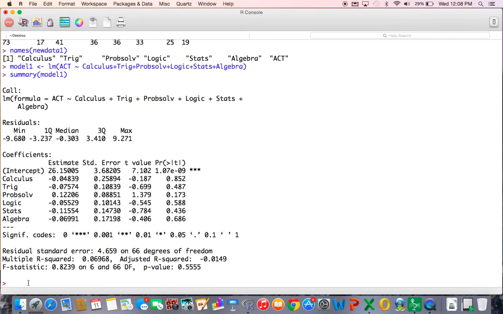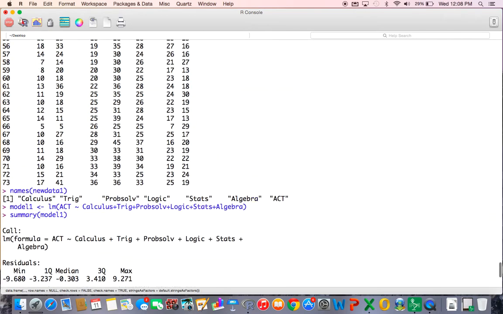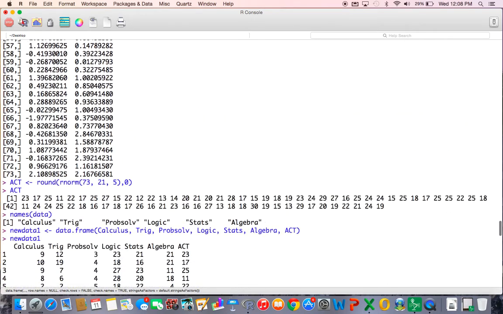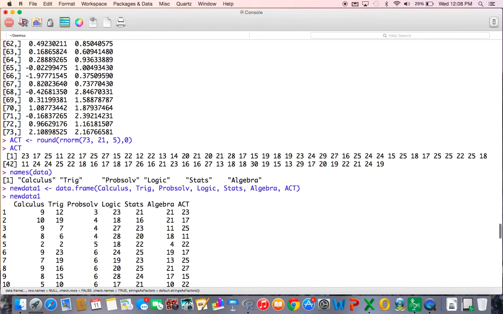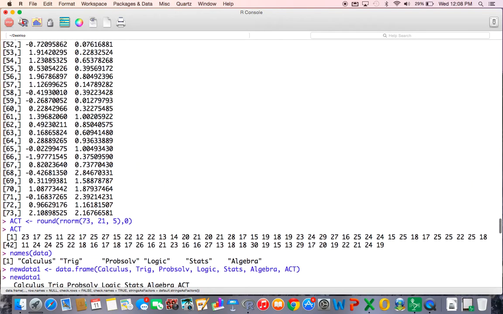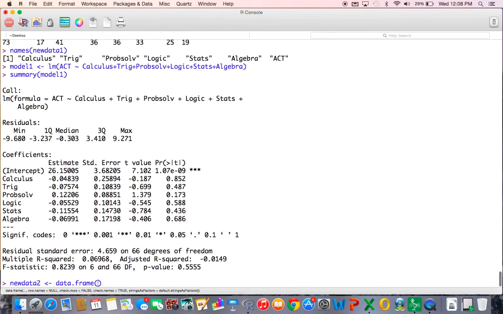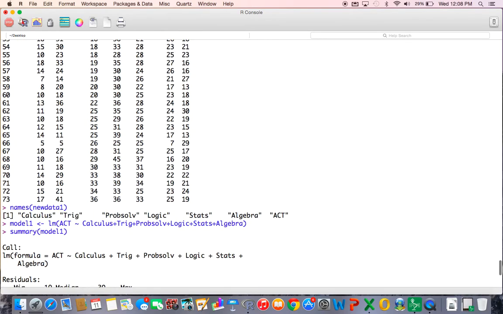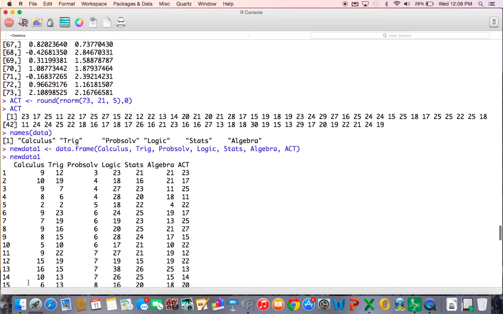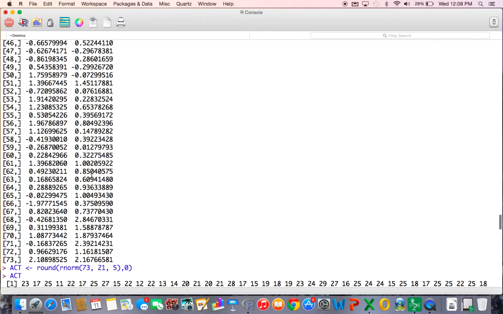Another way to do this is to get, let's see, what did we call the scores? TC1 and TC2. Okay, I've got to some way go in here and save these scores.